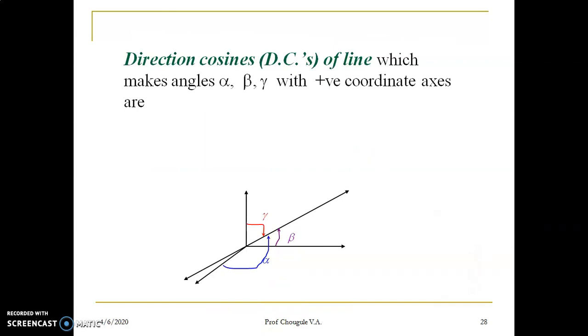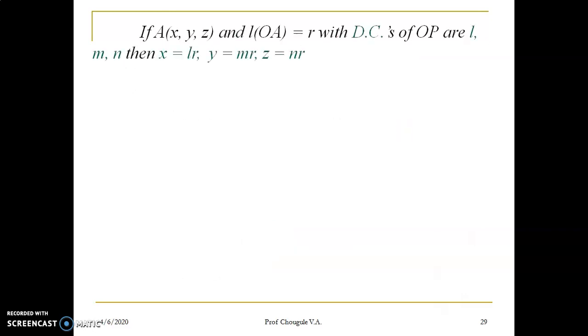Now we'll see the direction cosines of a line which makes angles alpha, beta, gamma with the positive coordinate axes, as shown in the figure. Then cos alpha is denoted by L, cos beta is denoted by M, and cos gamma is denoted by N. These are called the direction cosines of the line passing through the origin.